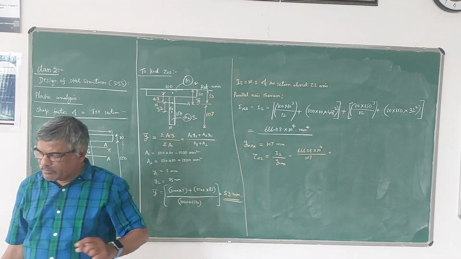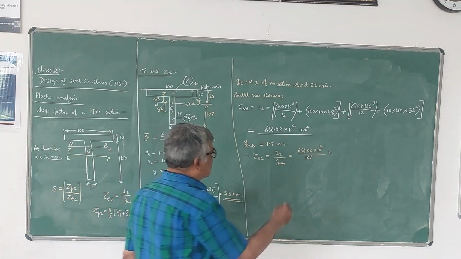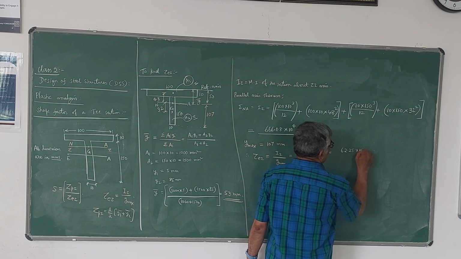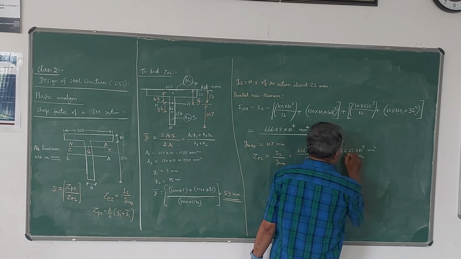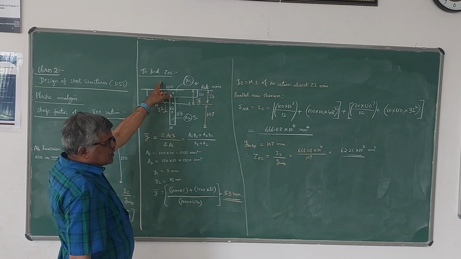The value is 62.25 into 10 power 3 millimeter cube. So this is the value of ZE. So we got the value of the elastic section modulus.